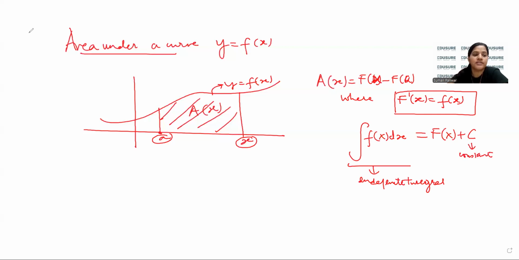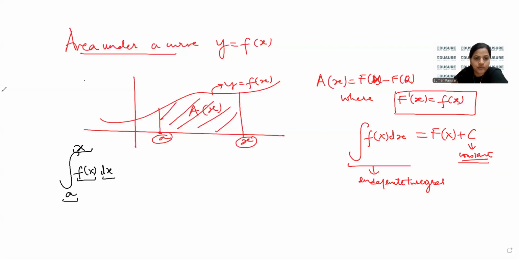Now we discuss the concept of a definite integral. So now let us see what does the integral from a to x of f(x) dx represent. What is a definite integral? It is where we have a lower limit and an upper limit. If you look at this graph carefully, f(x) into dx is a product of two real numbers.